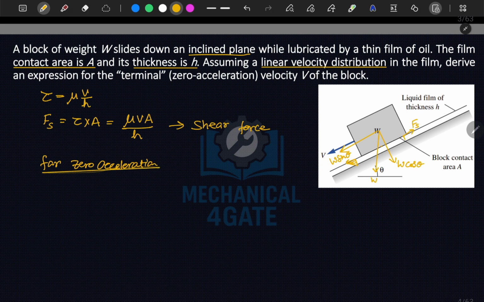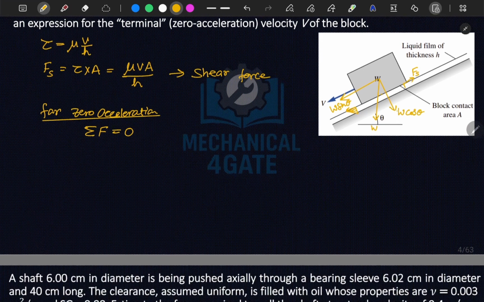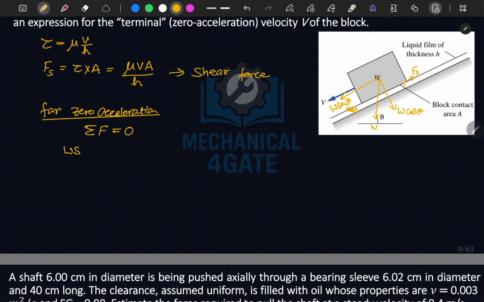what should happen? Your net force should be 0. Summation of F should be equal to 0. Your W sin theta is in this direction and Fs in the opposite direction. So W sin theta minus Fs should be equal to 0.